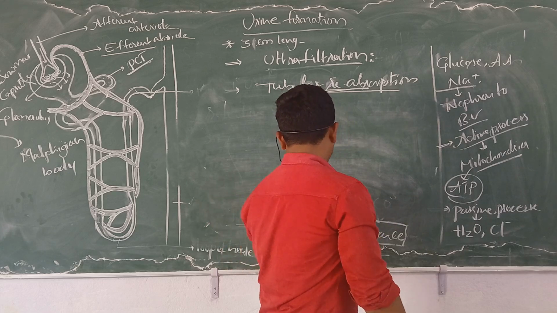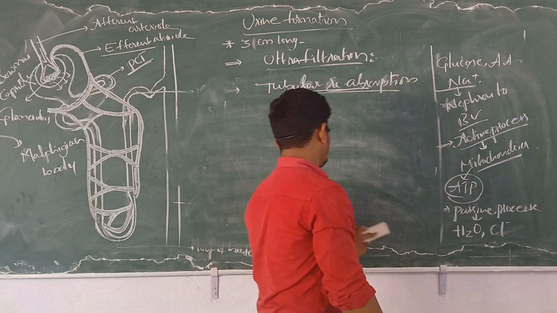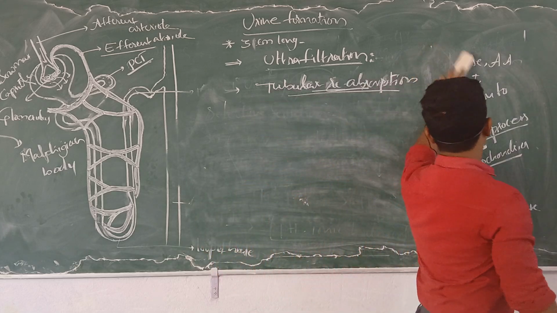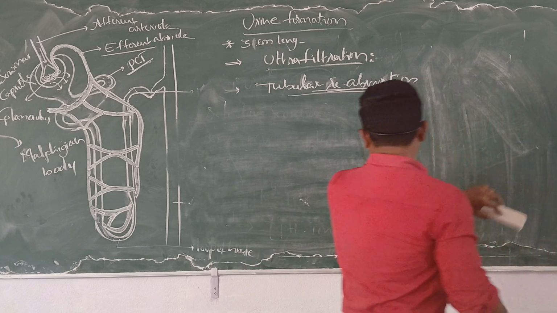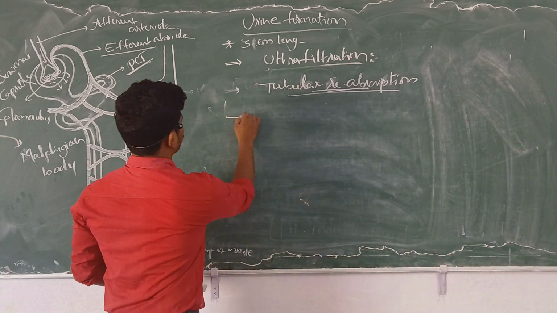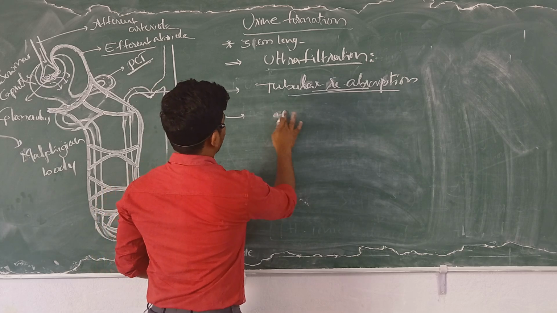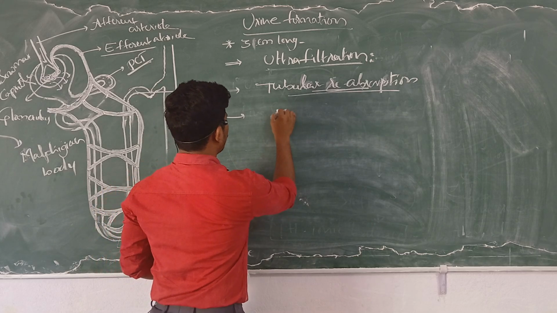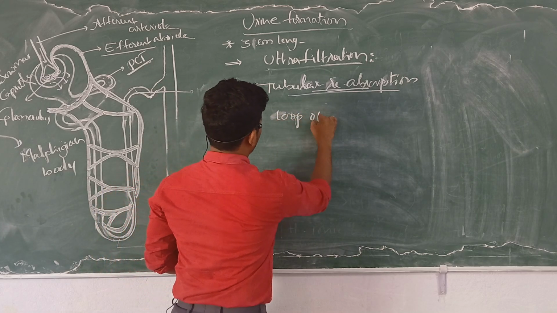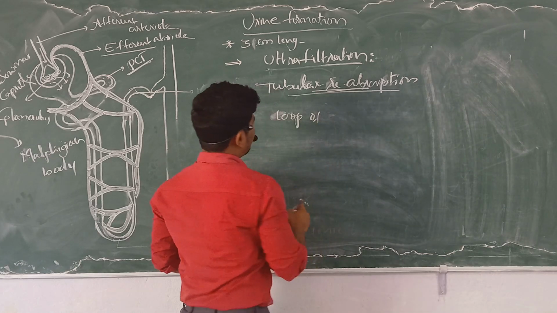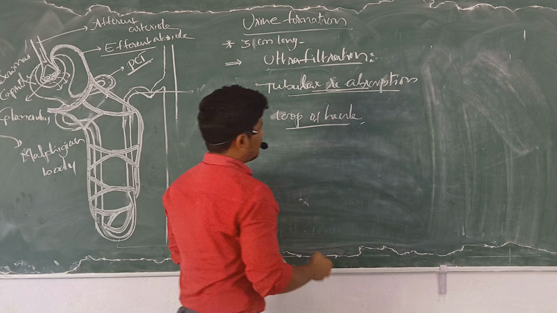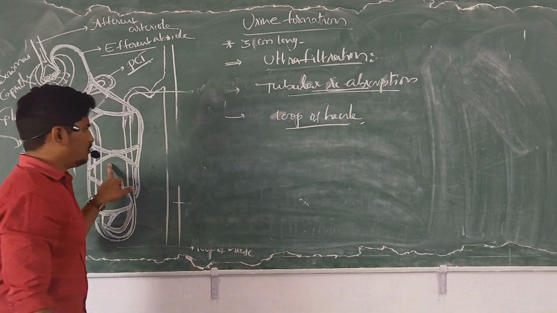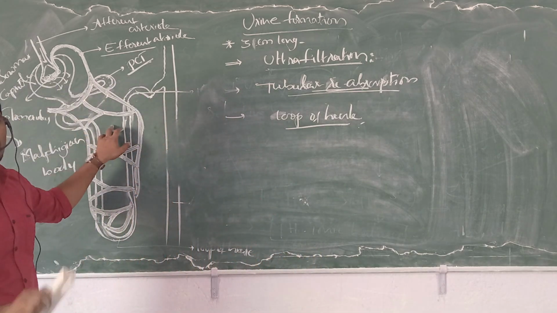And we have a few more steps. That is what happens in the loop of Henle. What happens in the loop of Henle? Absorption and secretion are minimal.